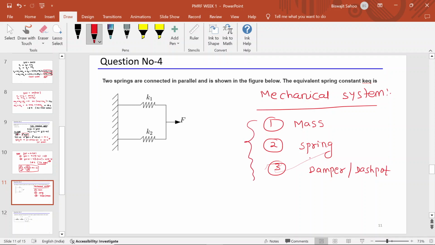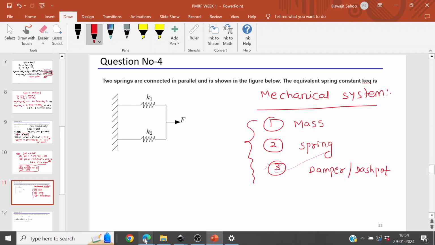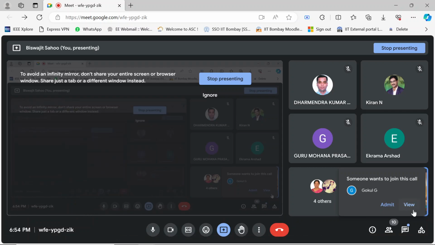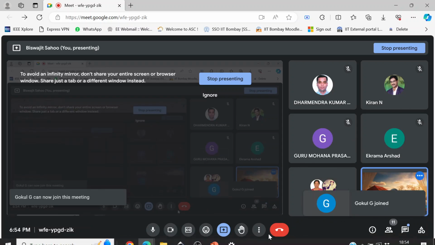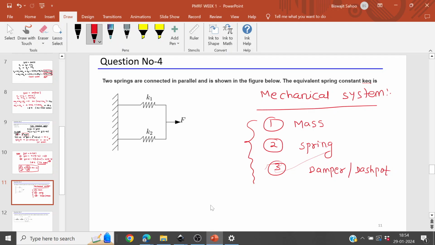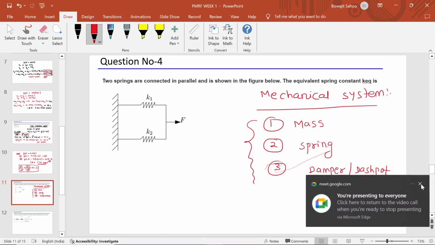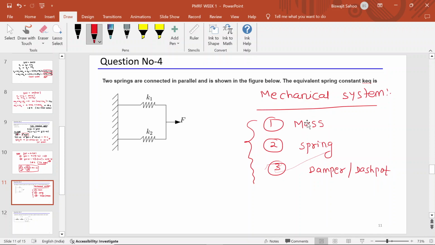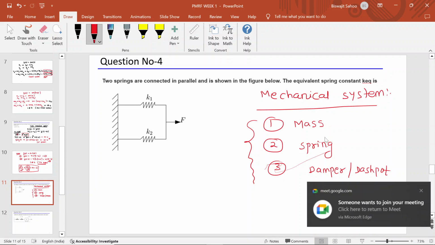Mainly you come across these three elements, so a mechanical system is represented by these three terms. How do you model a mechanical system, and find the differential equation from it?